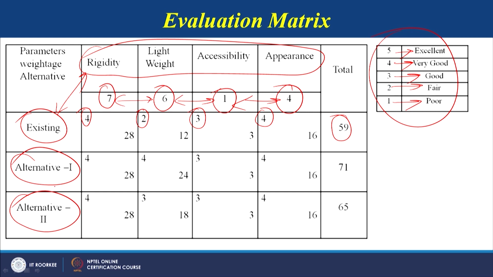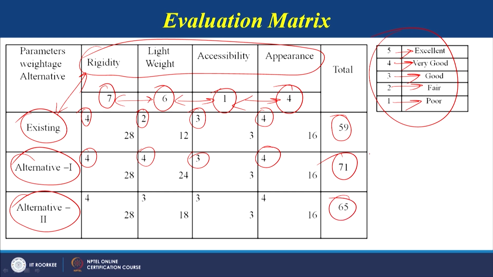Similarly for alternative 1, the ranking is given as 4, 4, 3 and 4, and when we multiply it with the weightage assigned to the individual parameters, the score comes out to be 71, and similarly for alternative 2, the score comes out to be 65.